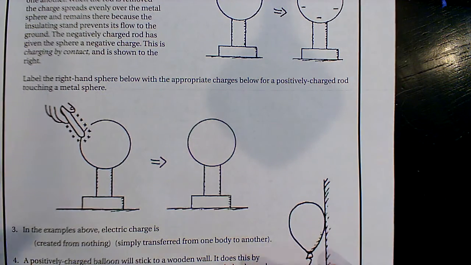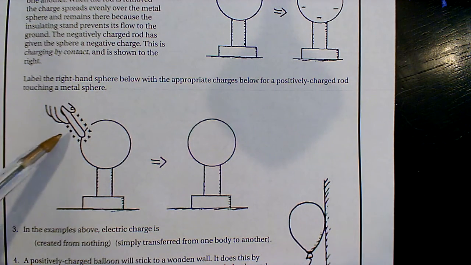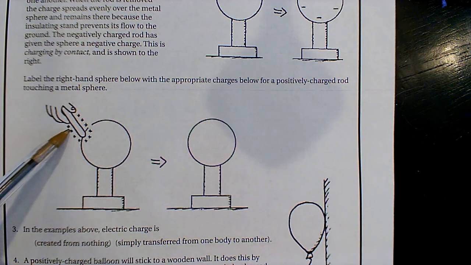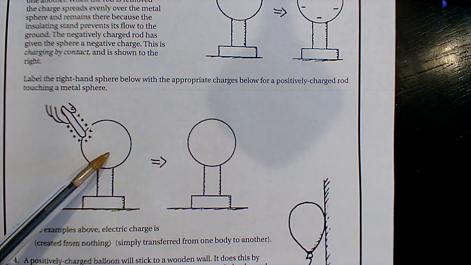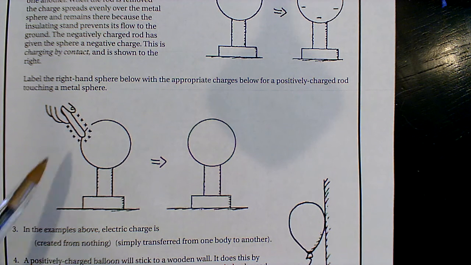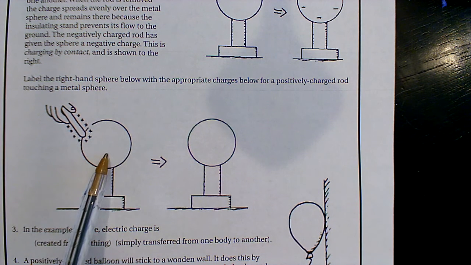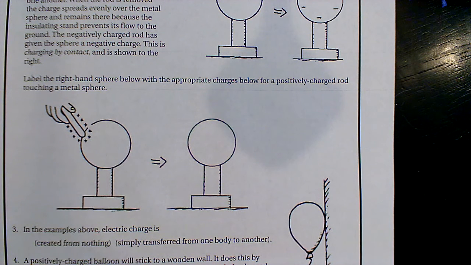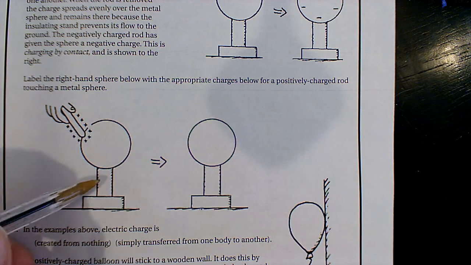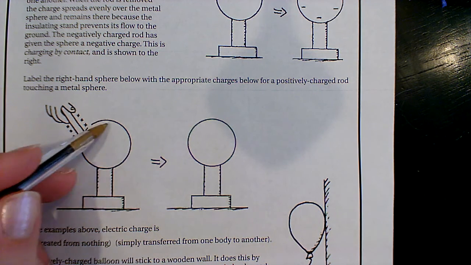Same idea here. This time we have a positively charged rod that touches the sphere. I want to emphasize protons are not going to move. The positive charge is not going to move. But what do you think is going to happen here? This is when I really wish I could interact with you guys a little bit more. We have protons and electrons in here.